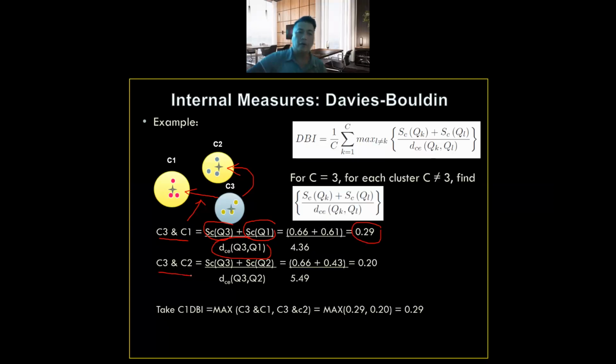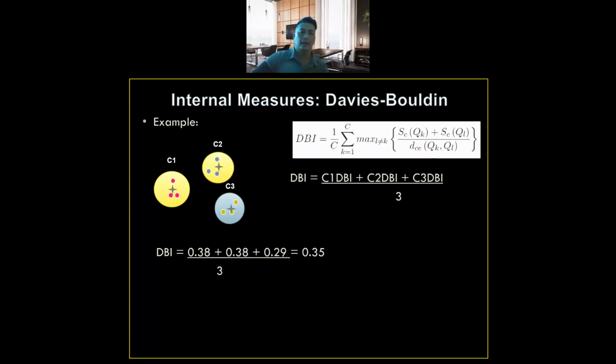And for cluster 3 and 2, I get 0.2. And then between these, the maximum will be 0.29. Okay? So the final DBI value, we will take the average. This is 3, right? So we will take the average of all this summation. So we get this.